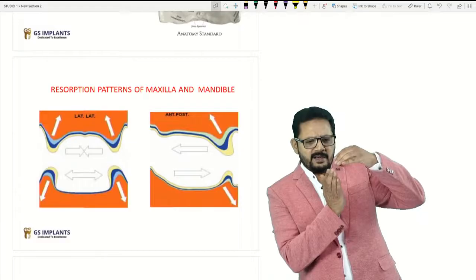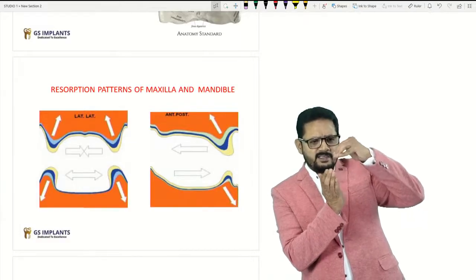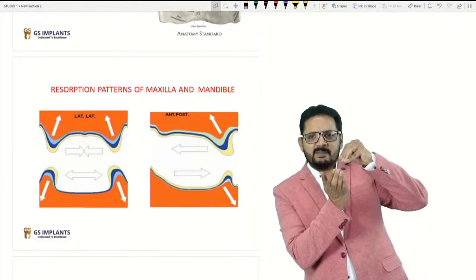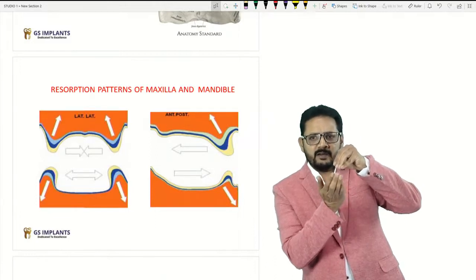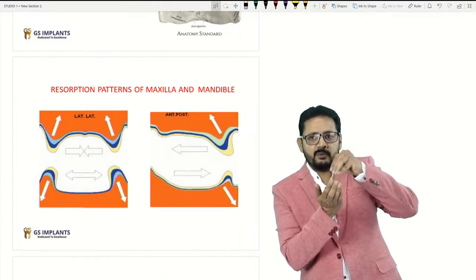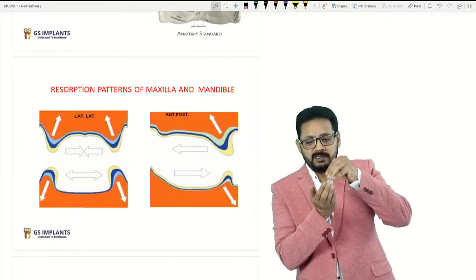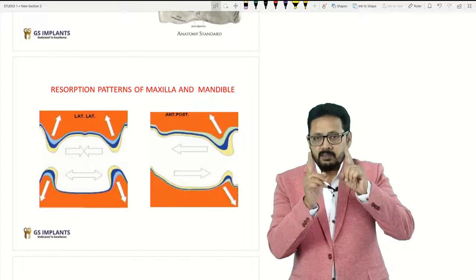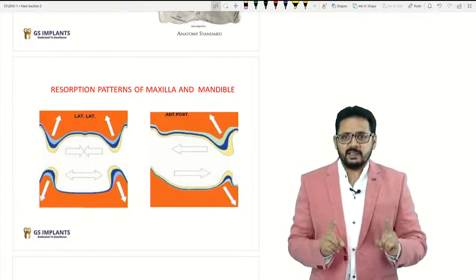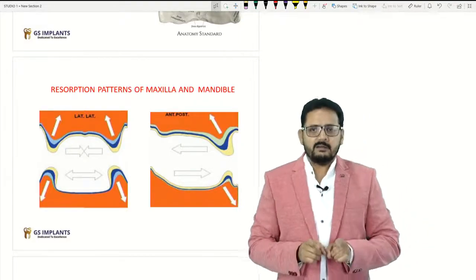right? So when it is resorbing in this direction, this is like shrinking, this is like expanding. So it will give a pseudo-class 3 kind of impression. You might think that, oh, this patient probably has class 3 occlusion. So taking a clinical history is very, very important.